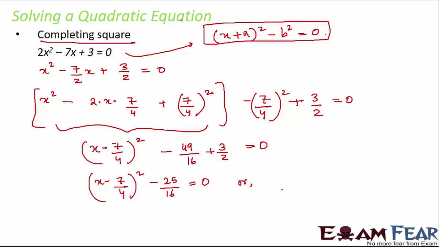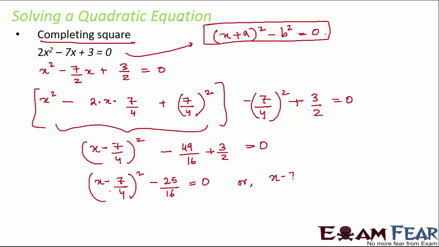Or this can be written as, so you see, this is exactly in this format, x plus a whole square minus b square is equal to 0. So x plus a, here a is equal to minus 7 by 4 and b is equal to 5 by 4, because 25 by 16 is 5 by 4 whole square.